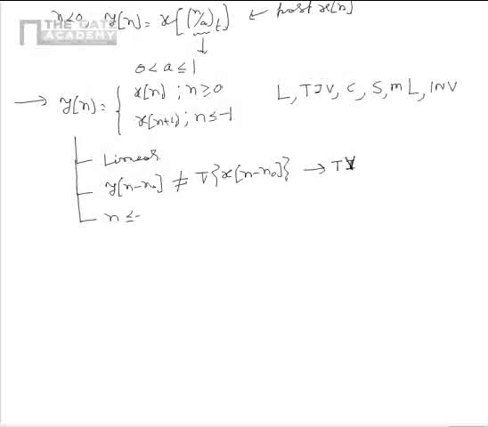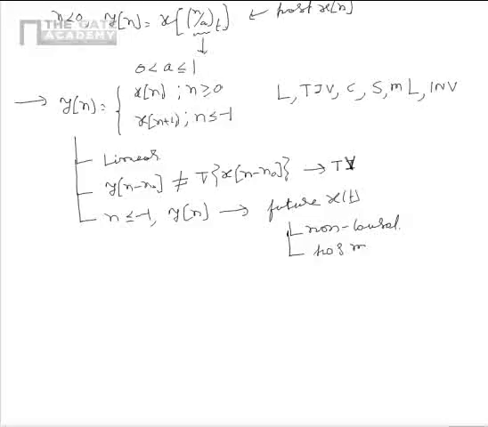Also, we see that for n less than or equal to minus 1, the output at any n depends on future x of n. From this, we can say that the given system is non-causal. As the system is non-causal, it is not memoryless as well, or the system has memory.